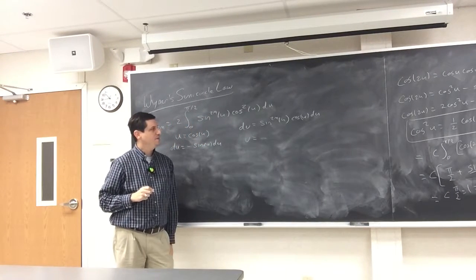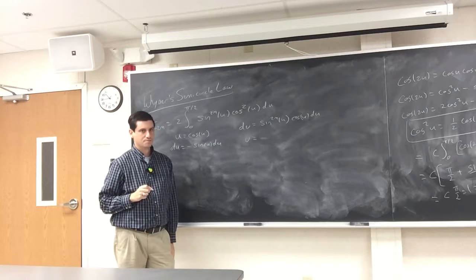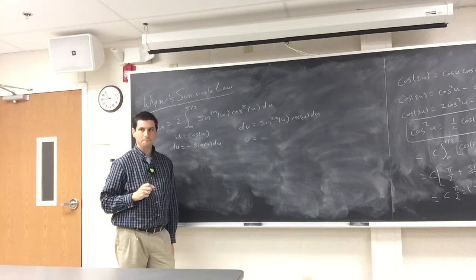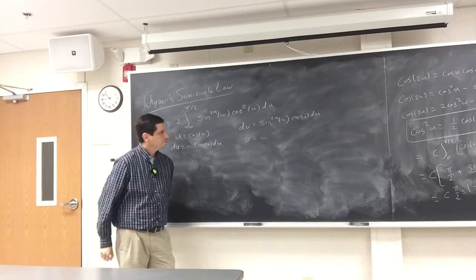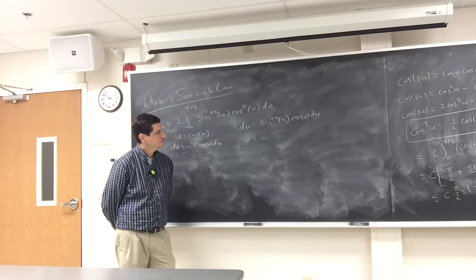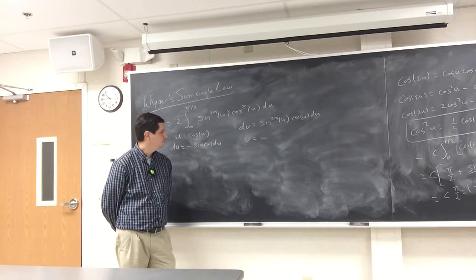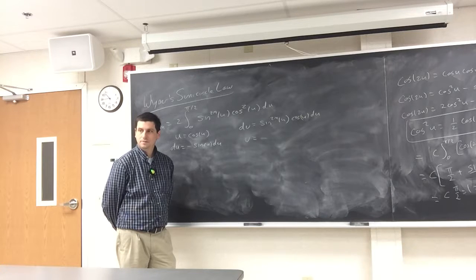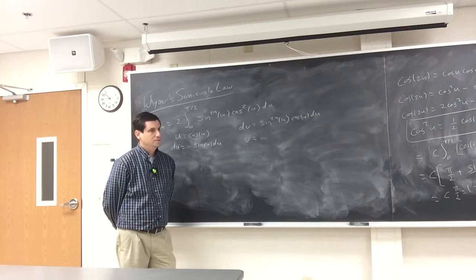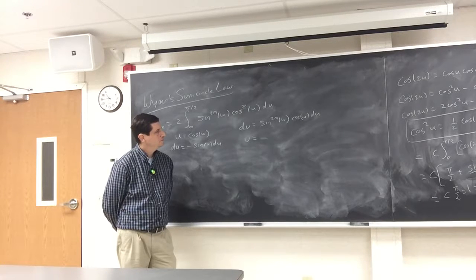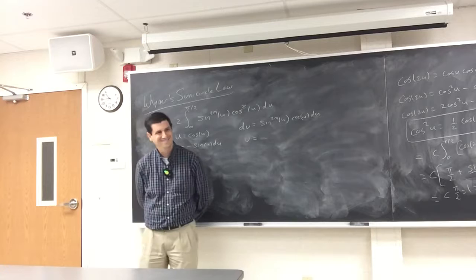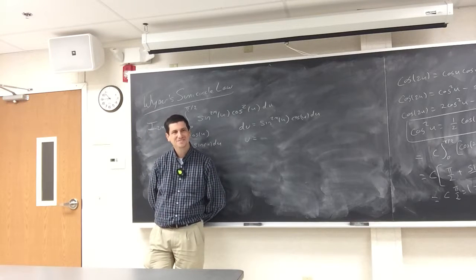What would be v if dv is sine 2m cosine? So just sine to the 2m plus 1, over 2m plus 1.